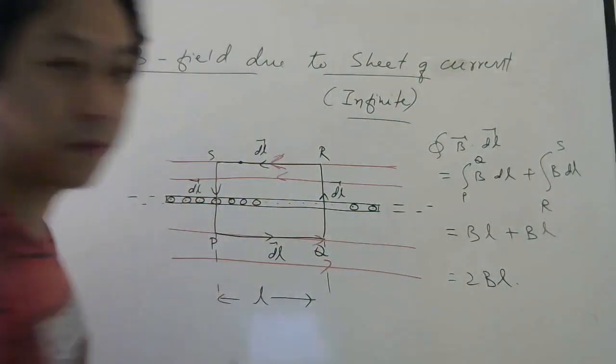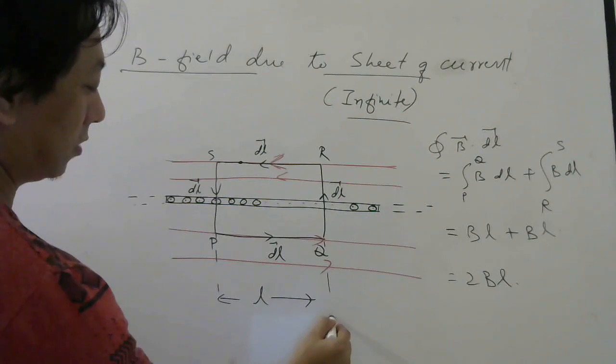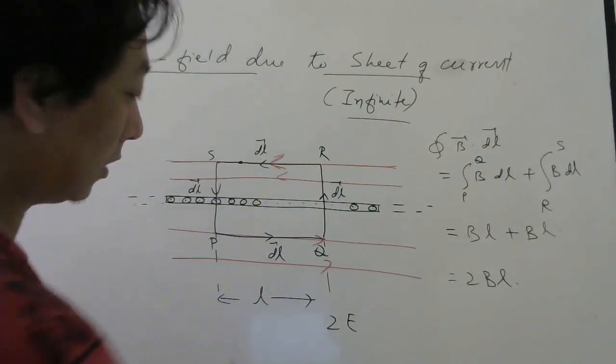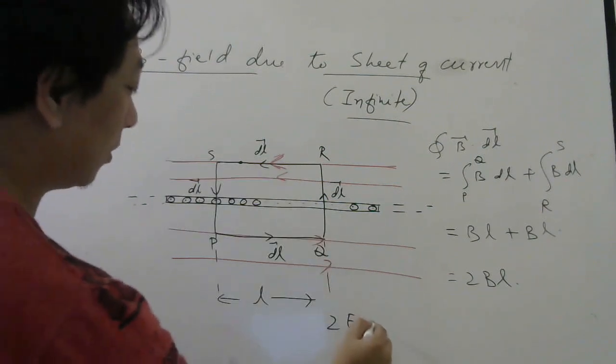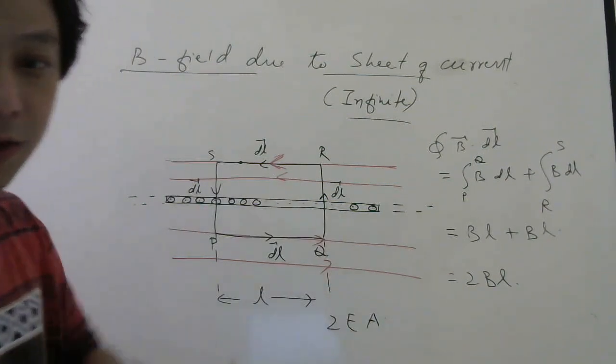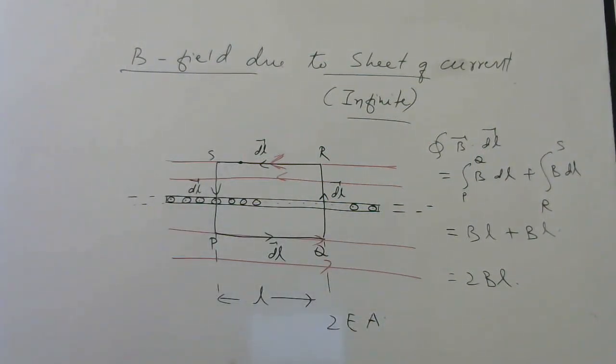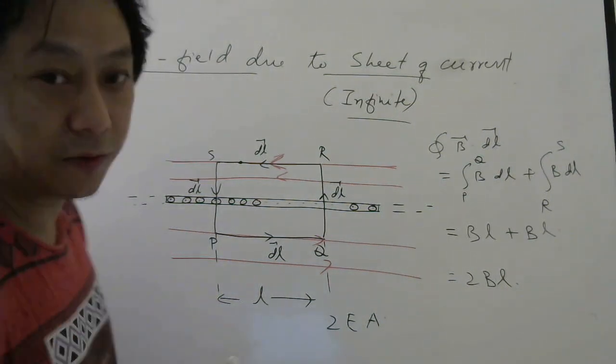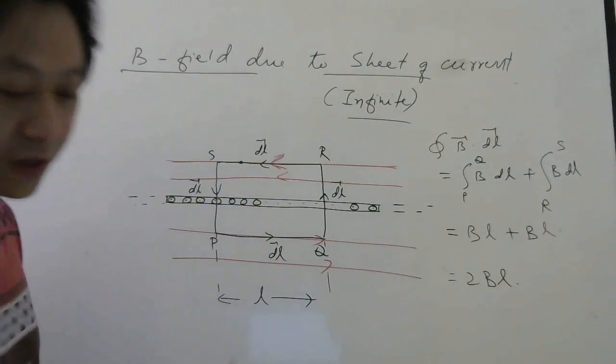Just like, if you remember, we used to get 2E there, because we were integrating on a surface in Gauss law, when we applied it for a sheet of charge.